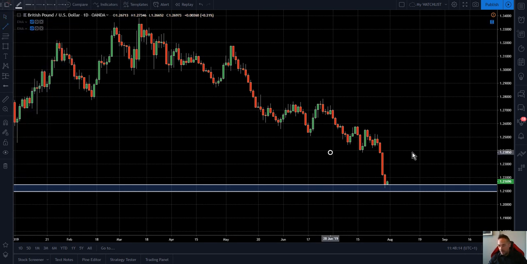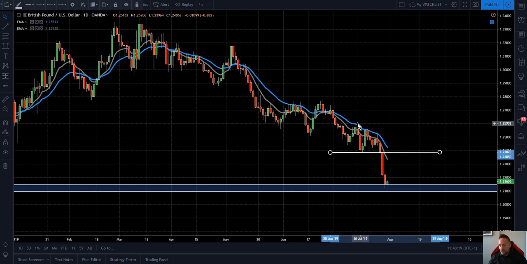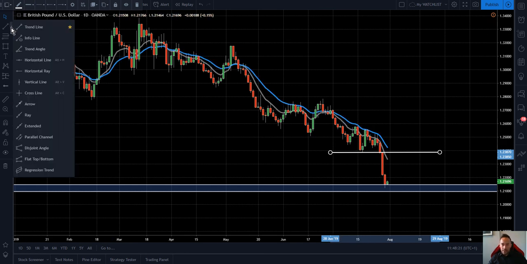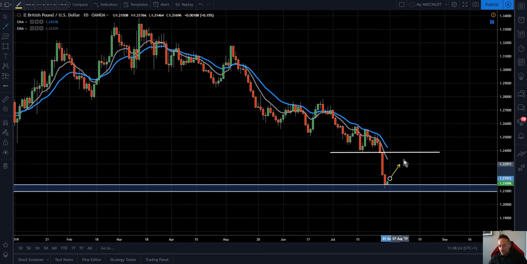We can see this level here. We can also draw some EMAs in. So it would be really nice if pound did pull back into perhaps this area or into the moving averages, and then we saw a bearish candle or bearish reaction, then looking to trade that south again back into this same level here.